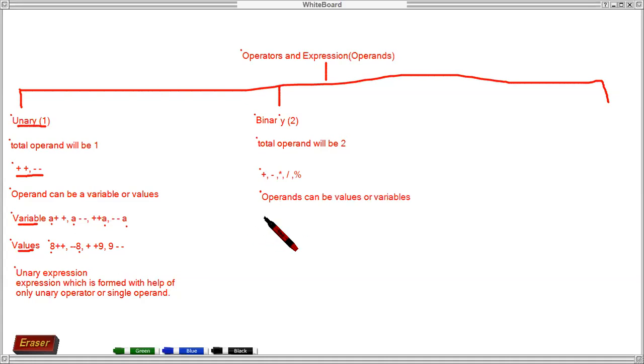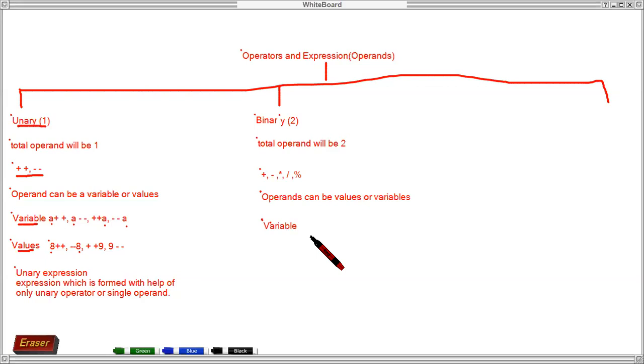So now if I have to create a binary expression using variables, or a binary expression using values, it sometimes looks like this. If I write an example with, let's say, a variable, so using the variable, what kind of example can I write?